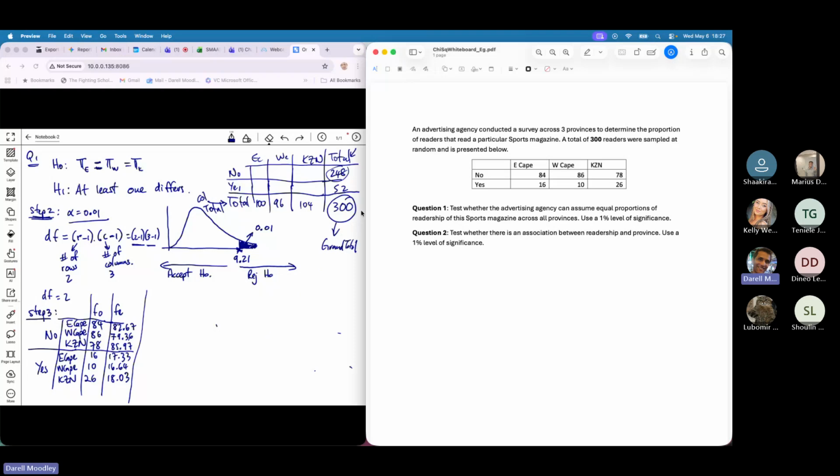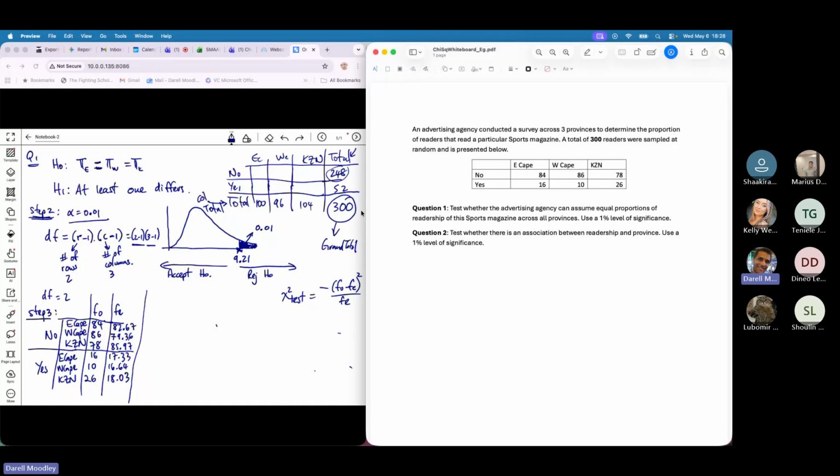Now, earlier I told you that the formula for the chi-squared test statistic is the sum of f naught minus fe, all squared, divided by fe. Sorry, the sum is for everything.